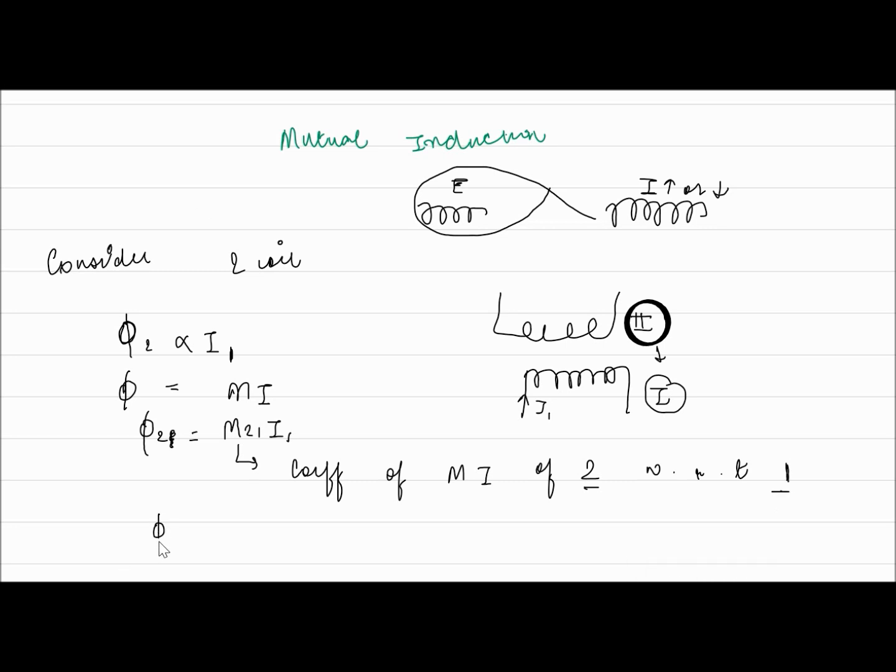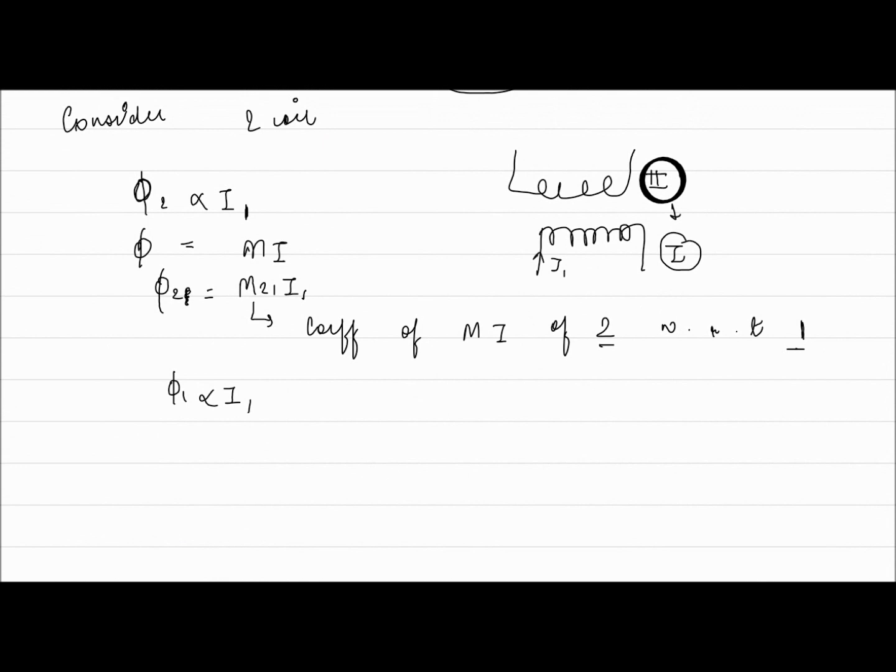Also we know phi 1 will obviously be proportional to I1, so we can write phi 1 equals M12 I1, which means mutual inductance of 1 with respect to 2.